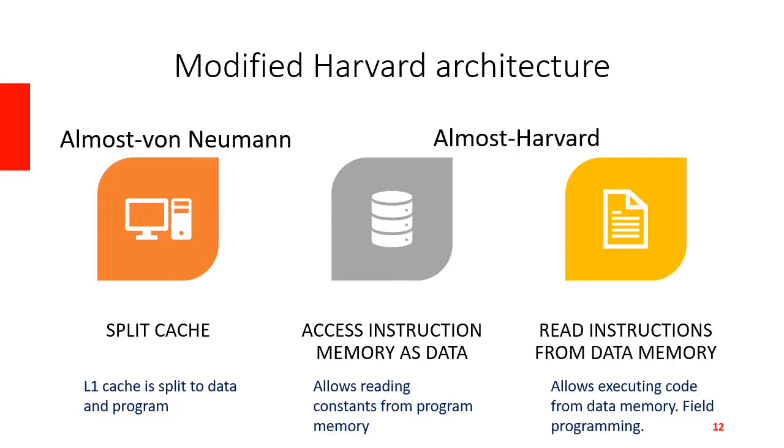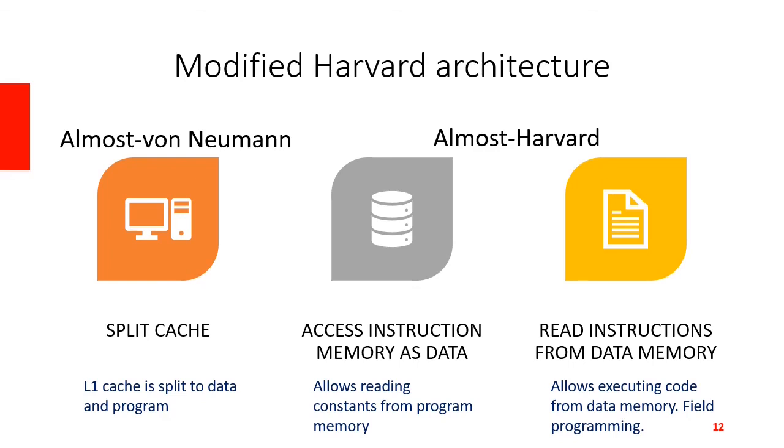So there are advantages and disadvantages in both architectures. For example, if you are using Harvard architecture, you need to have two different address buses and two different data buses. So they are kind of expensive to have.